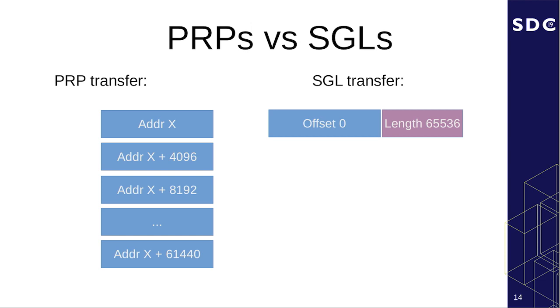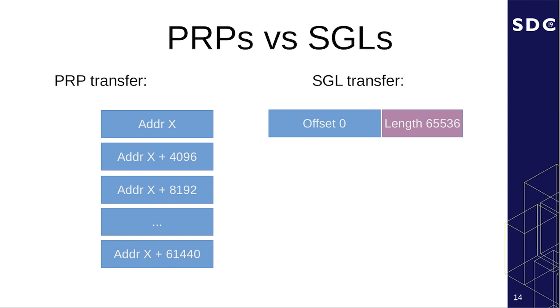So if I'm doing a large data transfer, with the PRPs, which always just describe a page, and a page could be a couple different sizes, but for practical purposes is 4K most of the time, you really need yet another entry for every 4K chunk. So if you're doing, say, I/O on a single x86 huge page, which is 2 megabytes in size, you have a giant PRP list because every little 4K chunk needs an entry.